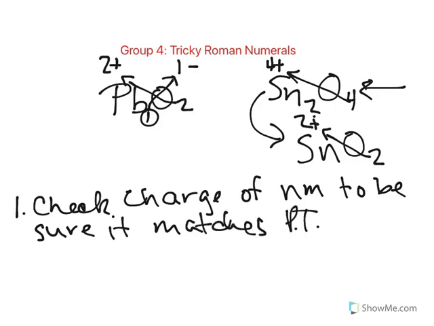Because remember, those charges are permanent. Oxygen is always 2 minus. So this 1 minus charge I have here, that doesn't fly. I can't leave it like this because oxygen is never 1 minus.